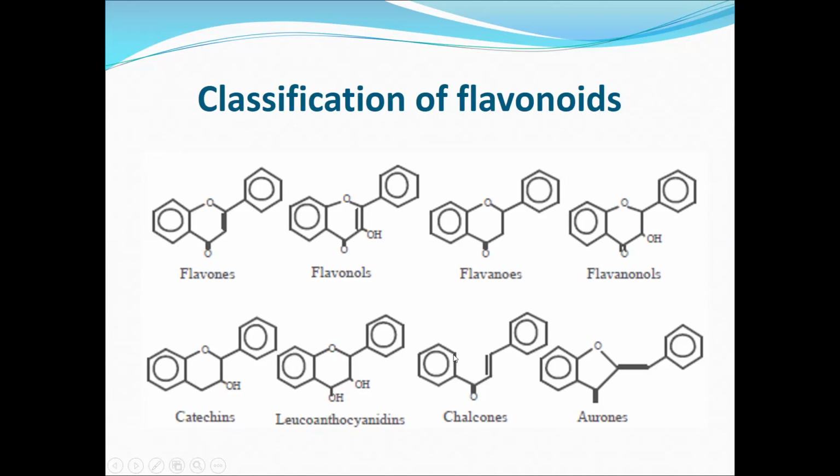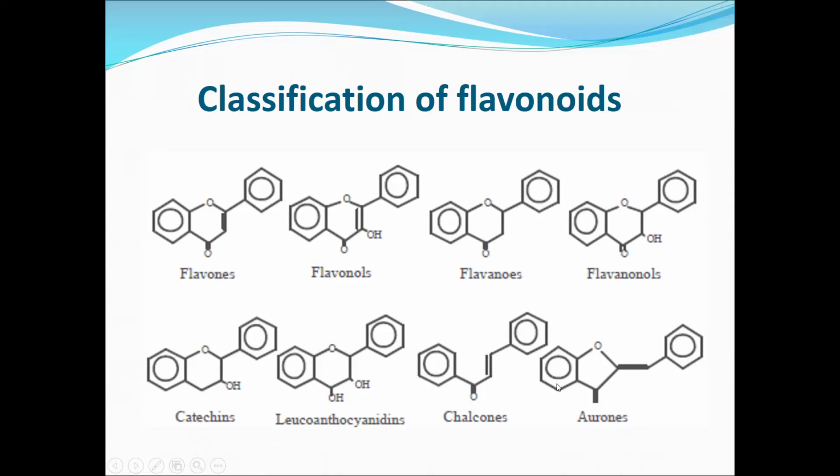Here, this oxygenation, this part is open, and here is a double bond, here is a double bond. So chalcones. And another one is aurones. Aurones means a double bond remains here, but here the structure is peculiar and changed. And there is another double bond here.